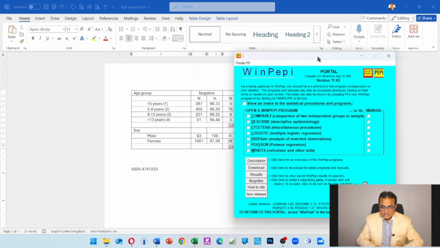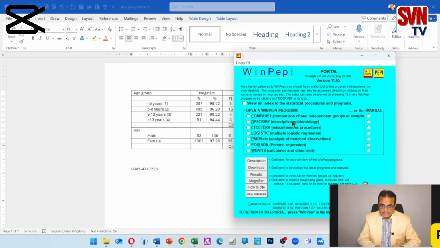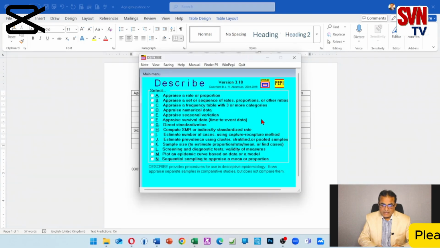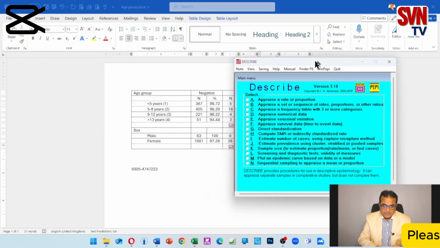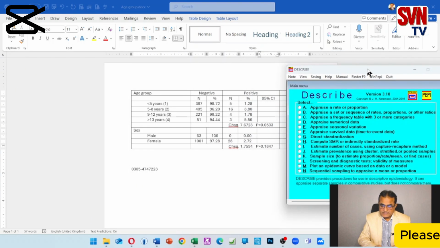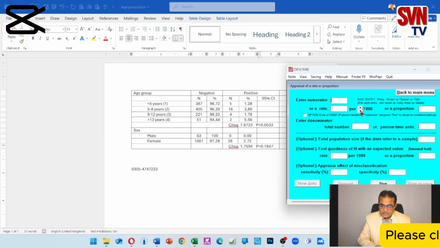Now this is how it opens up. This is actually version 11.65. So let's use this software and do our data analysis. I'm using the Describe component of this software, and I'm going to click on the appraisal rate.